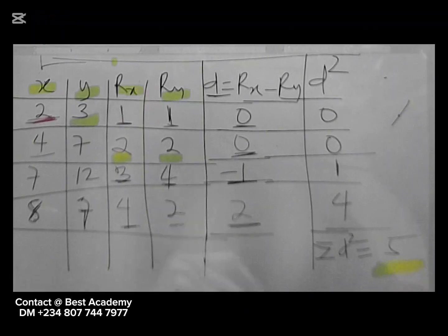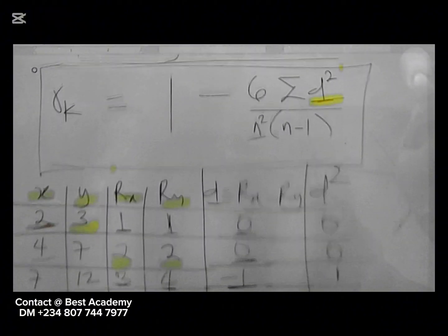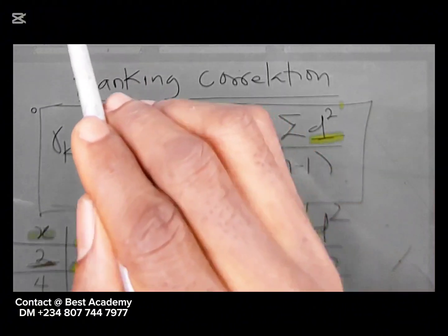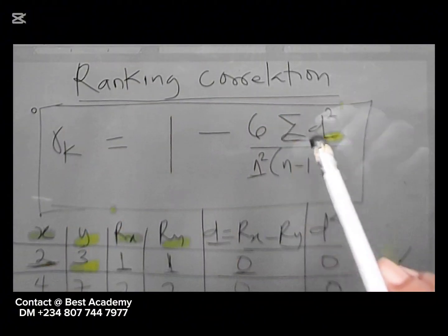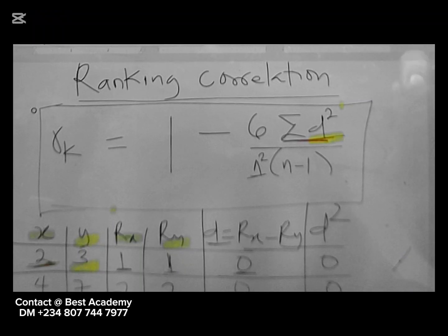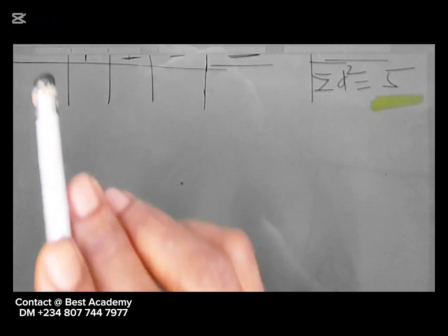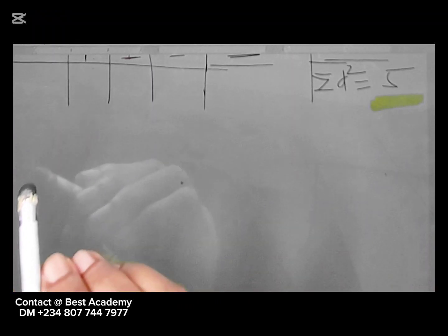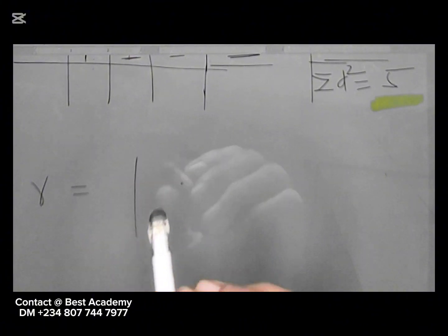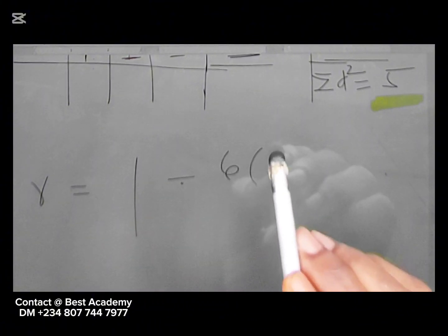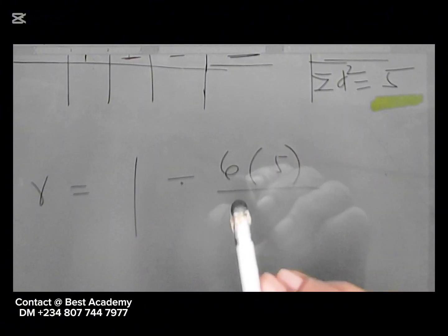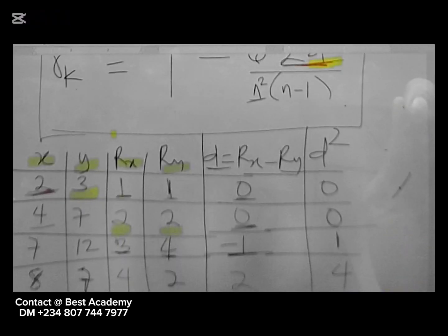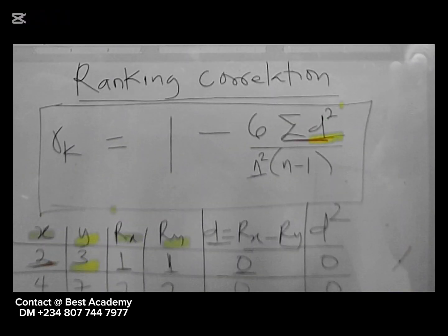Okay. Now that means you have gotten the sum of the squares. That means I have to impute the value here. Remember, the whole of this is said to be 5. So let's try to impute. Our correlation R will be equal to 1 minus 6 into 5 over n, and our n is 4.